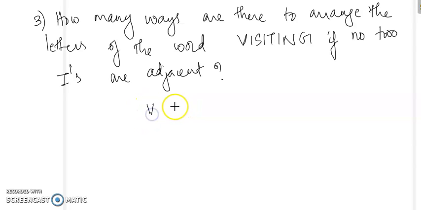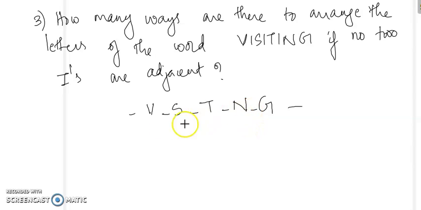So we have the letters V, T, S, N and G. So i's can be placed in these 6 positions. No two i's must be adjacent, so they must be between these 5 letters.